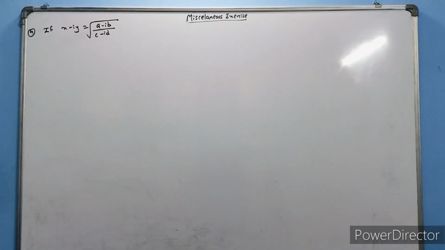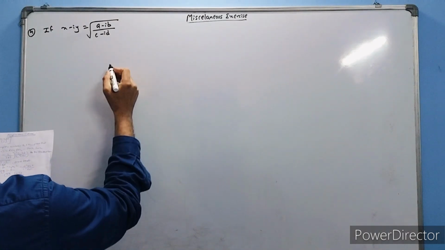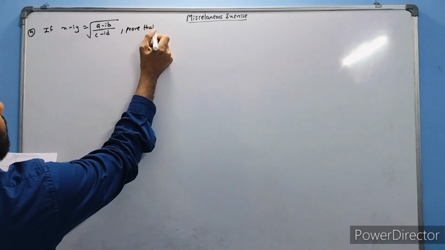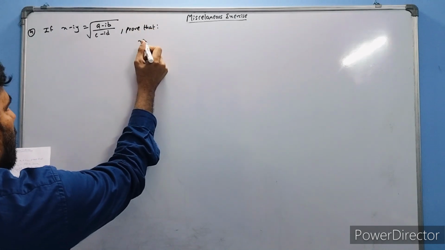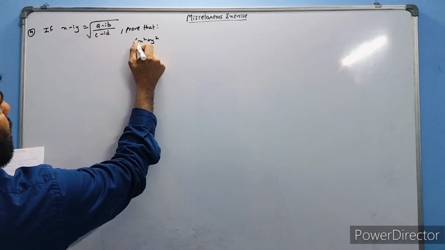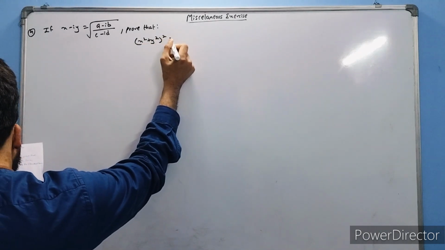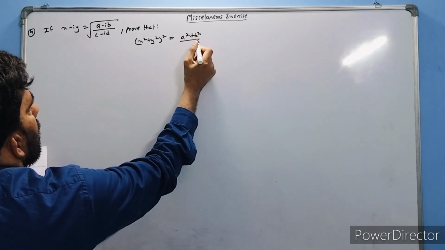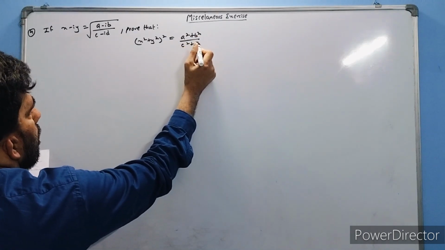Okay, c minus id. So now we need to prove, what we need to prove? Prove that x square plus y square whole square is equal to a square plus b square upon c square plus d square.